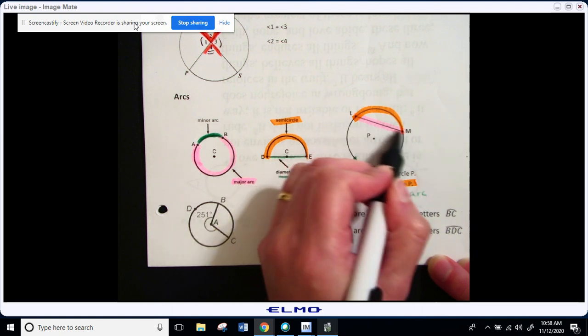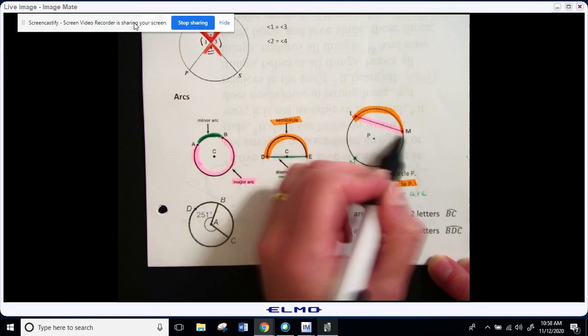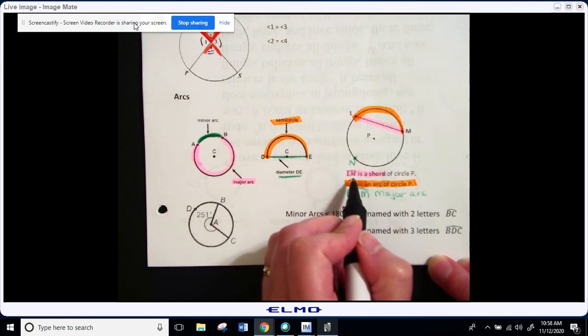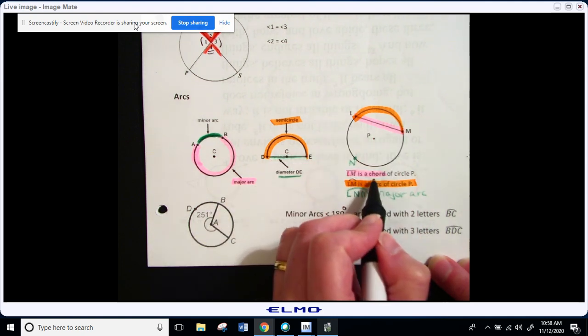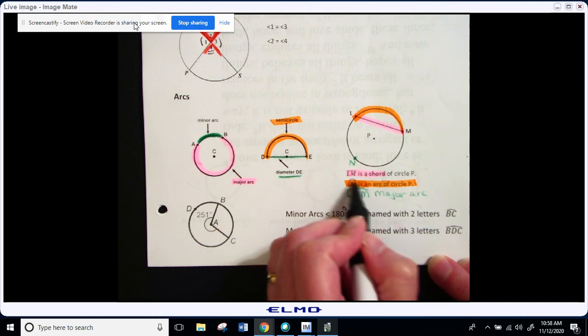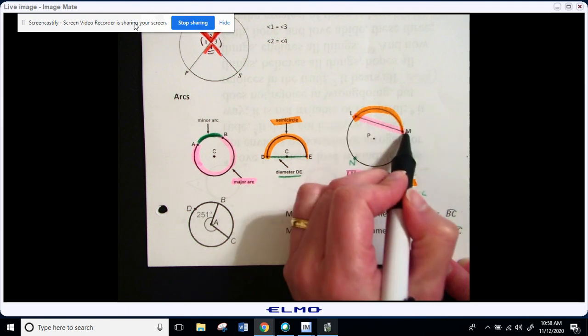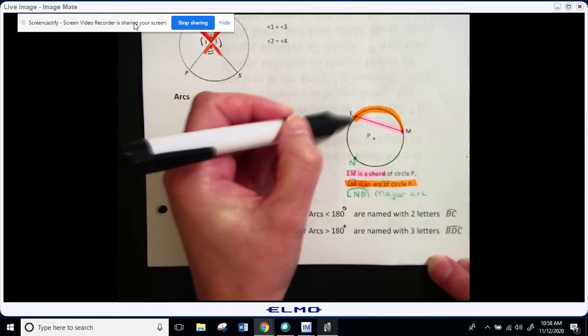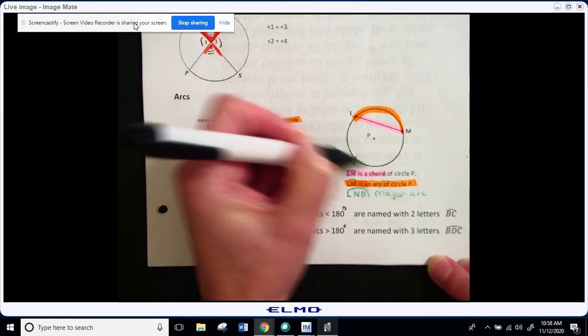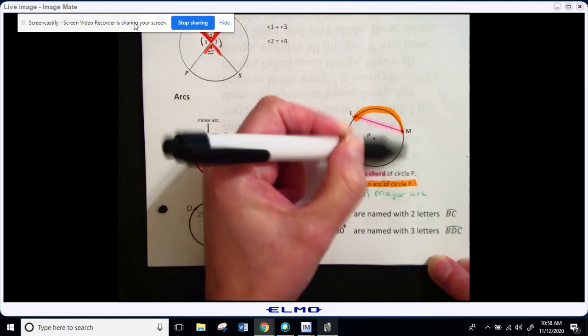So you're connecting 2 points that are on your circle through your circle. But you're going to call that chord the line segment, right? LM is the chord. But if you put a curve on top of it, then that would be the minor arc LM. If it was going this way, then that would be the major arc LNM.